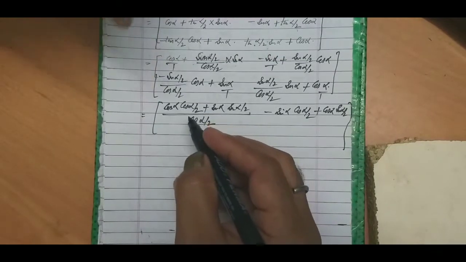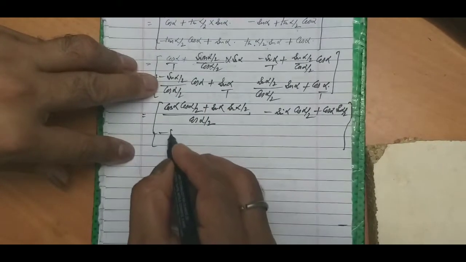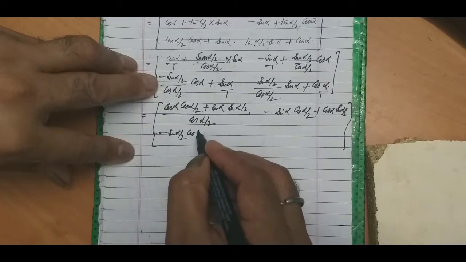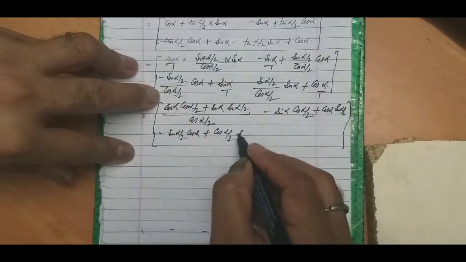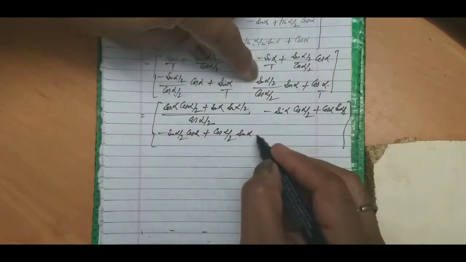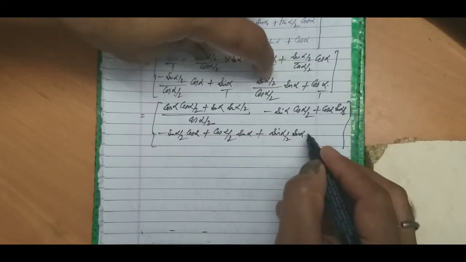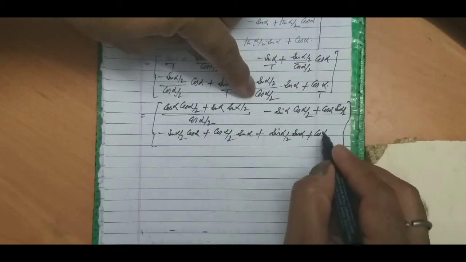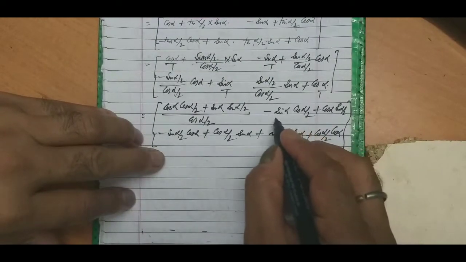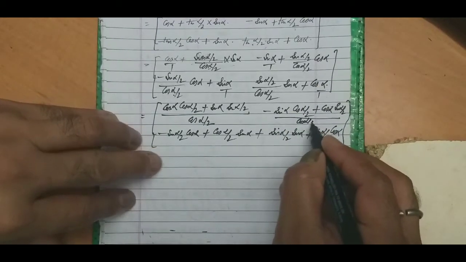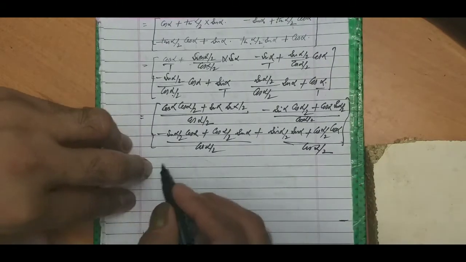The second one is minus sin alpha by 2 cos alpha plus cos alpha by 2 into sin alpha, plus sin alpha by 2 into sin alpha plus cos alpha by 2 cos alpha, upon cos alpha by 2, cos alpha by 2 and cos alpha by 2 everywhere.